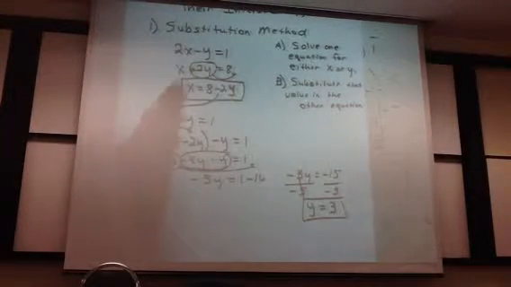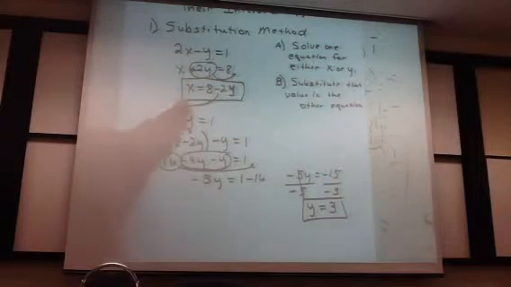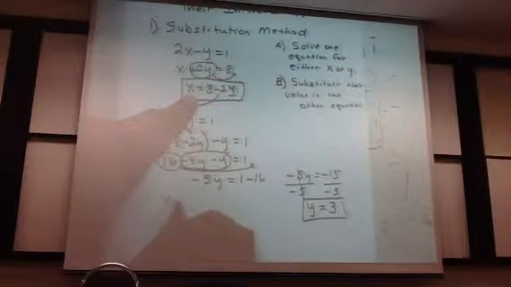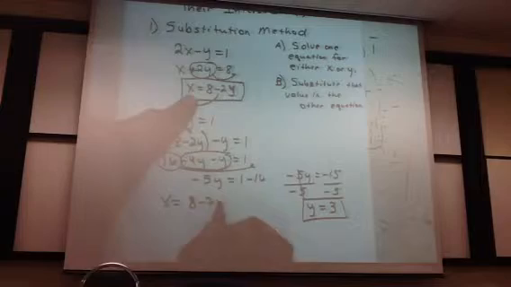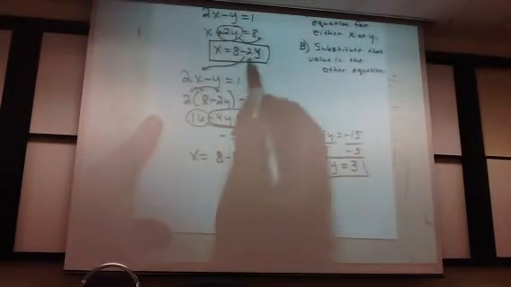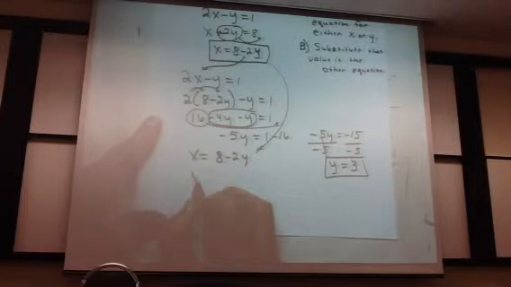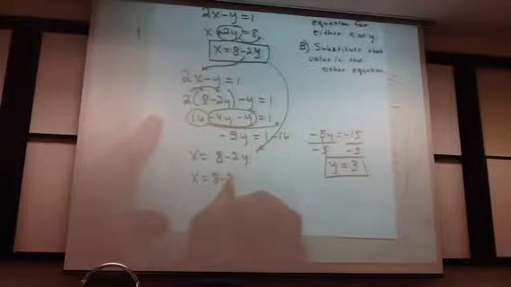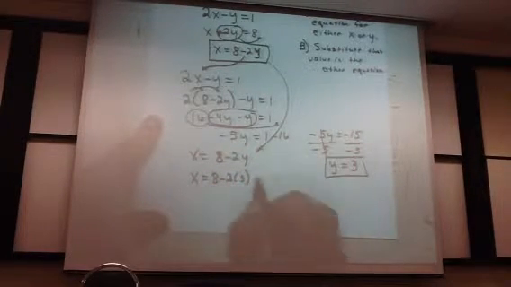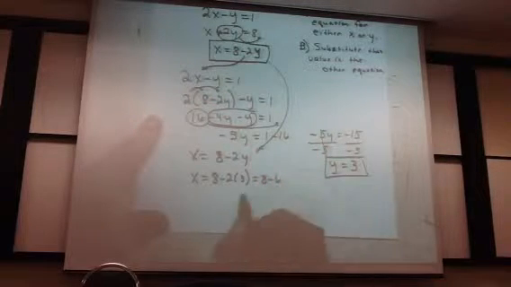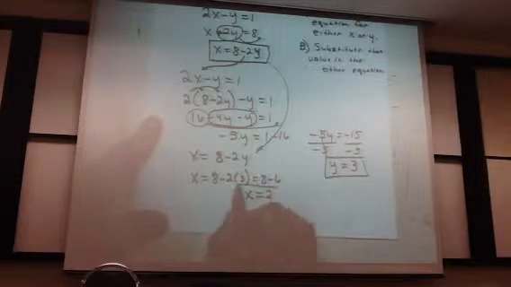Hey, this guy already says x equals 8 minus 2y, right? So since y is 3, x is 8 minus 2 times 3. It's 8 minus 6. x is 2.